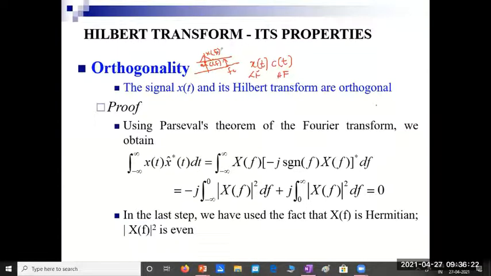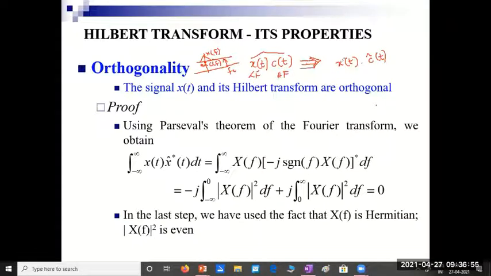So whenever we have two signals which are separated far away in their frequency spectrum, and we try to find the Hilbert transform of this product, we can easily replace it by the actual signal X of t times the Hilbert transform of the high frequency signal.